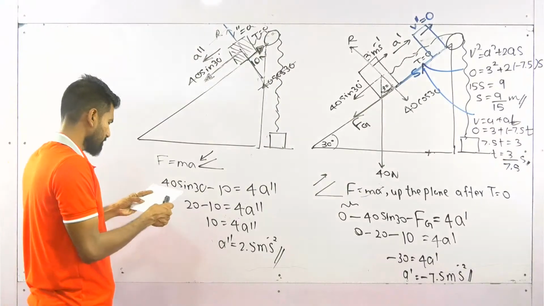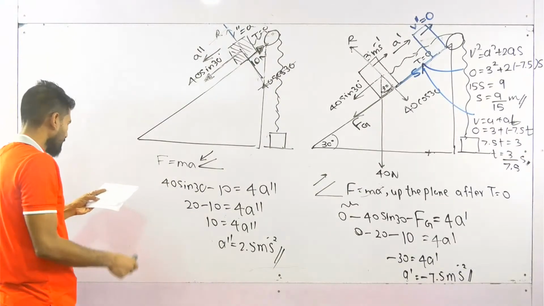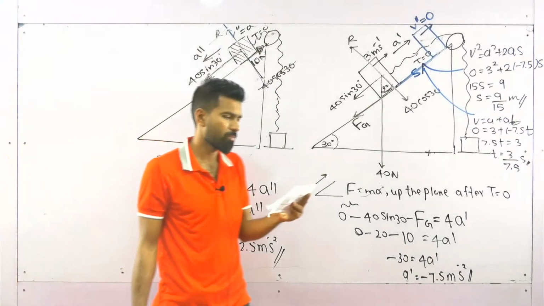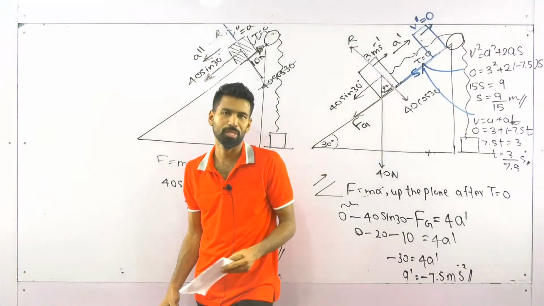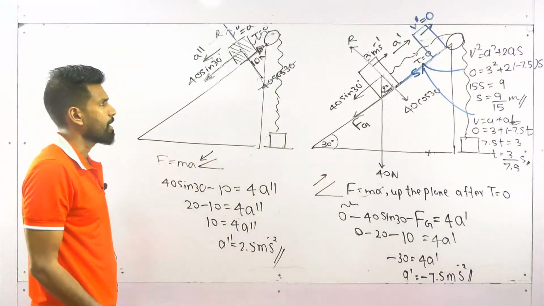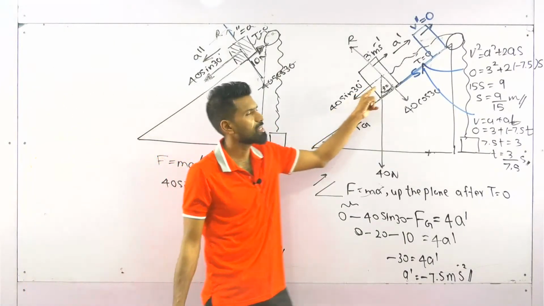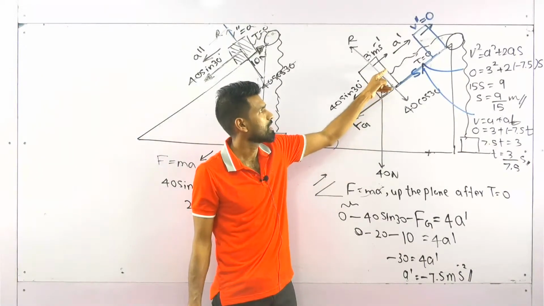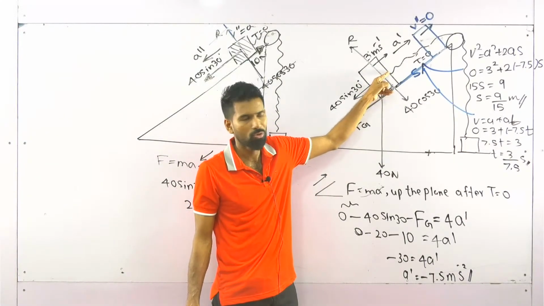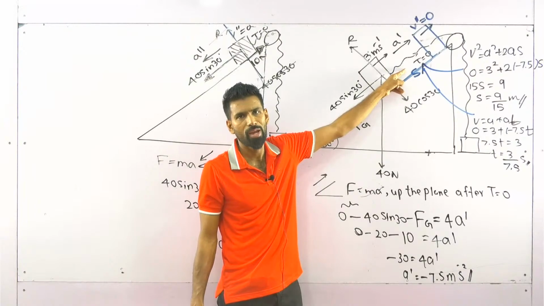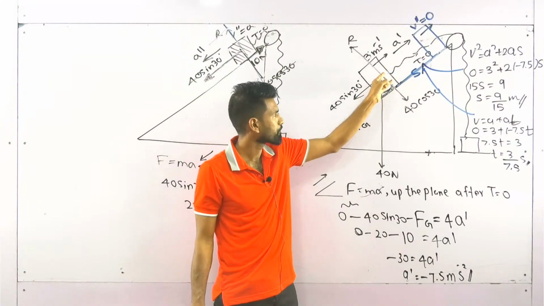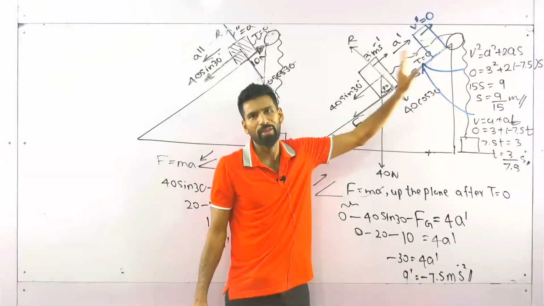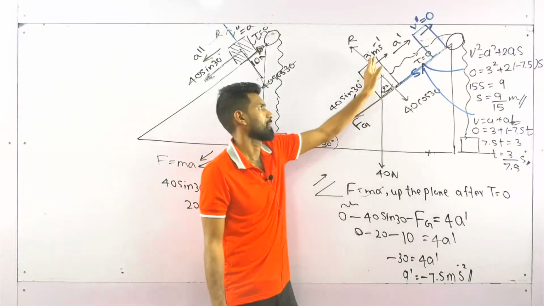Okay, then determine the time for which the 4 kg block continues to move during this stage. Can you remember? This is the position where this string lost its tension, where it became a non-taut condition.